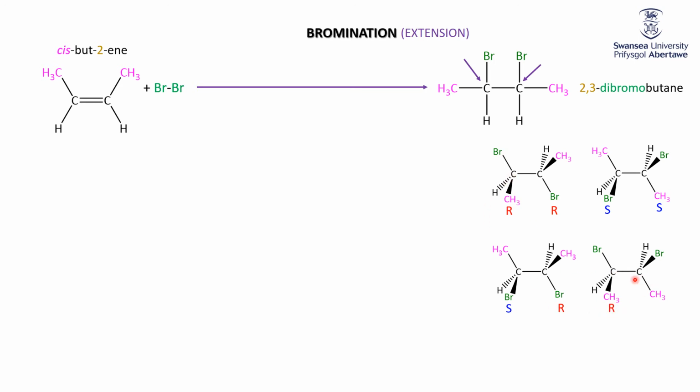And around carbon 3, bromine at the top, methyl at the bottom, that's the S. So again, these 2, although I'm going to say this in inverted commas for reasons that we'll talk about in another extension video, you can also say that these are enantiomers. So anyway, 4 possible products of the bromination of cis-butene.